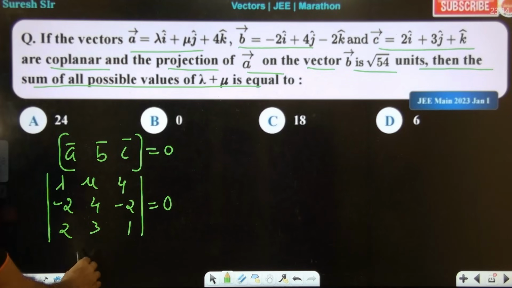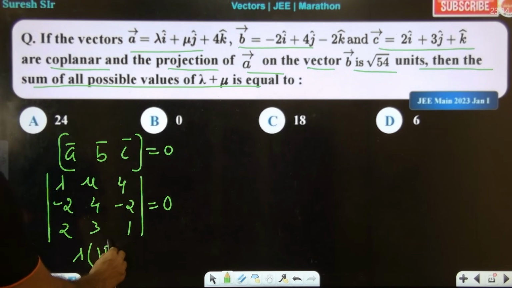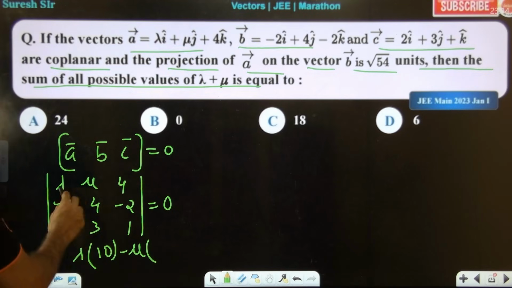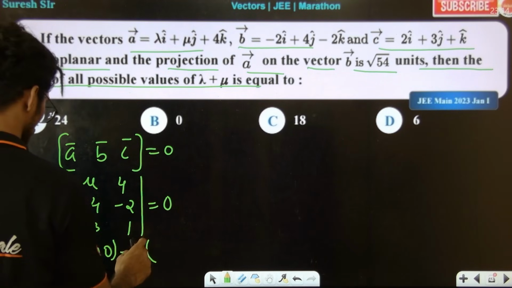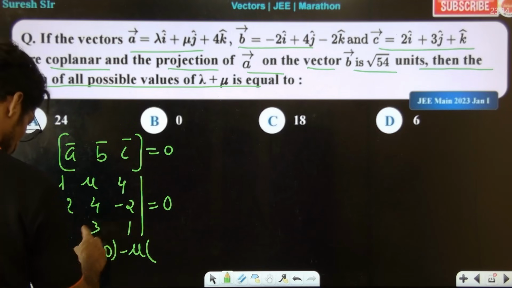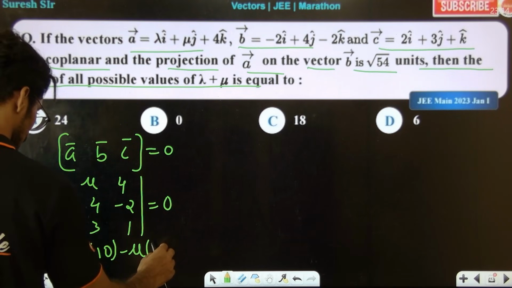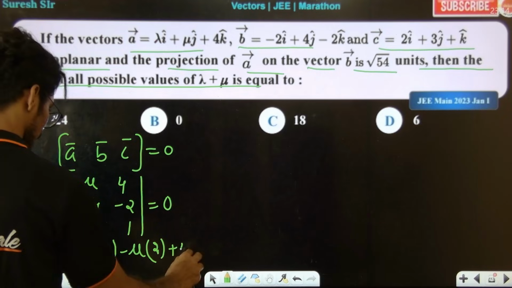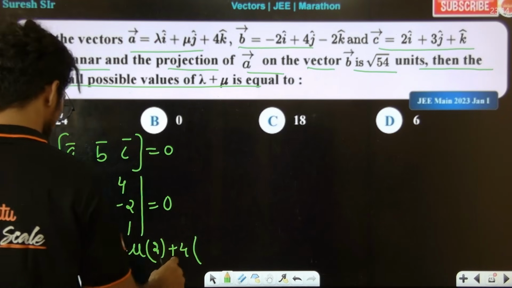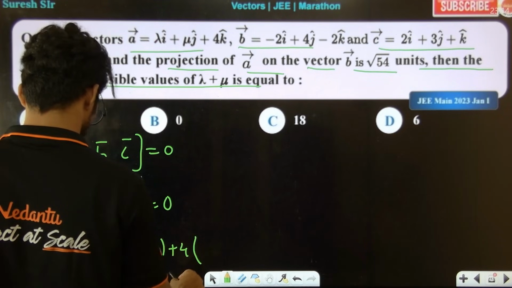So lambda 4 plus 6 is 10, minus mu times minus 2 plus 4, which is 2, and then minus 6 minus 8, minus 14.